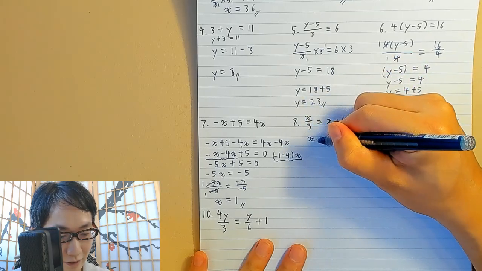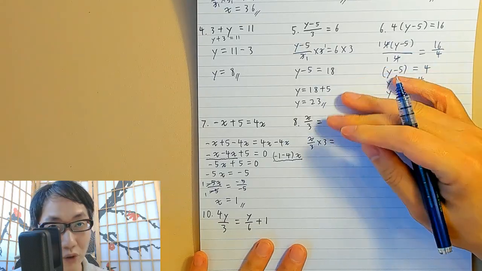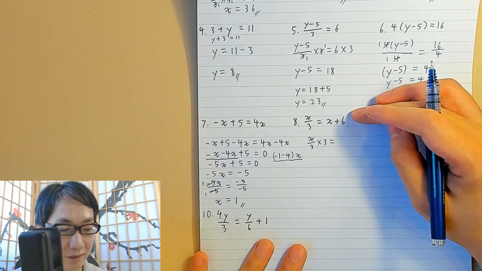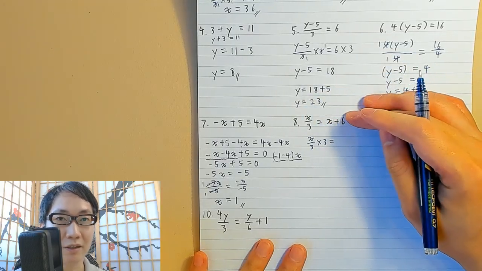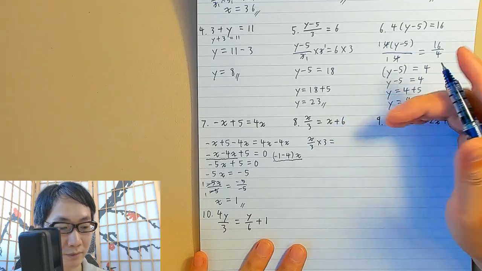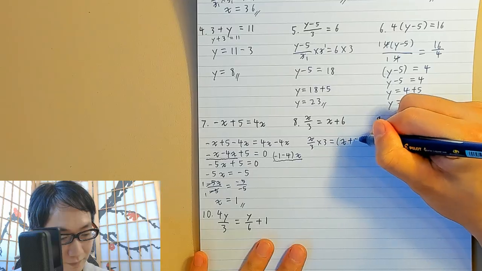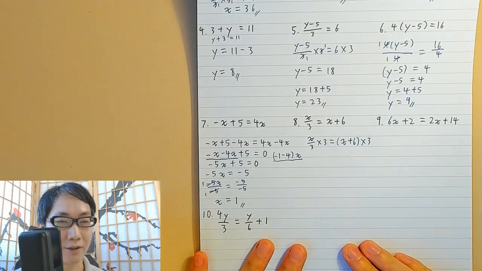So the left hand side is multiplied by 3, and the whole right hand side is multiplied by 3. Okay. The right hand side has x plus 6. So not only the x, not only the 6, but everything on the right hand side has to be multiplied by 3. So we put them in the bracket and then multiply by 3. Okay.